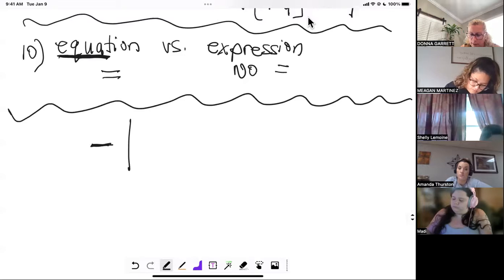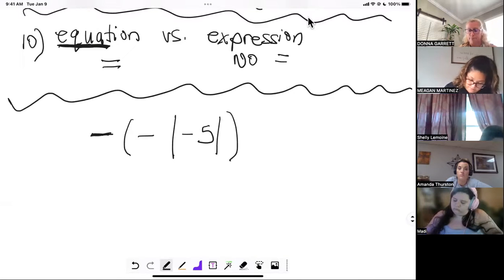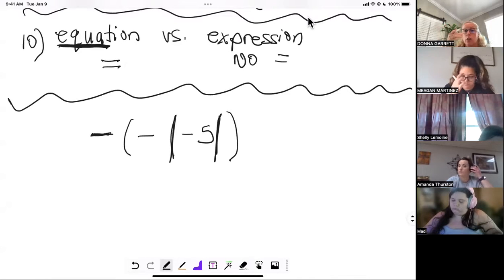Negative, nope, I got that wrong. Negative of a negative absolute value of -5. So you have to work in parentheses first, but remember an absolute value is parentheses too. So when you have parentheses inside of parentheses, you've got to do what's inside first. So first, I'm going to do this, and I'm going to write in different colors.